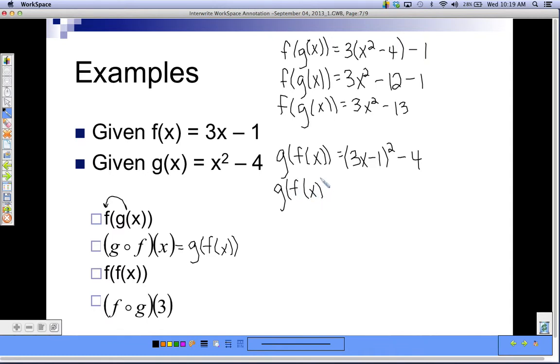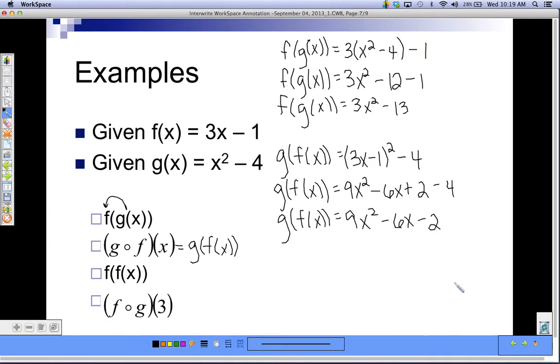Hopefully you guys can figure that out, but you should end up with 9x squared minus 6x plus 2, and then minus 4. So g of f of x equals 9x squared minus 6x minus 2.